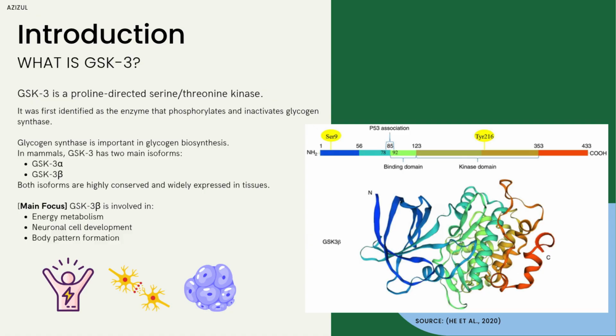GSK-3 exists as two highly conserved isoforms in mammals, GSK-3 alpha and GSK-3 beta, both of which are ubiquitously expressed across tissues. GSK-3 beta is encoded by the GSK3B gene in humans and is involved in energy metabolism, neuronal cell development, and body pattern formation.